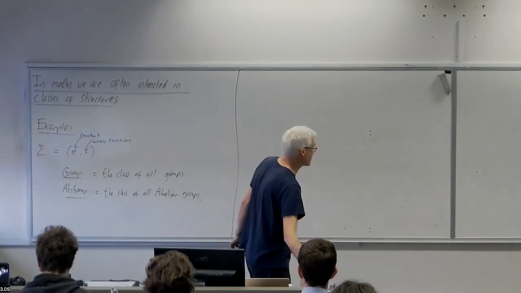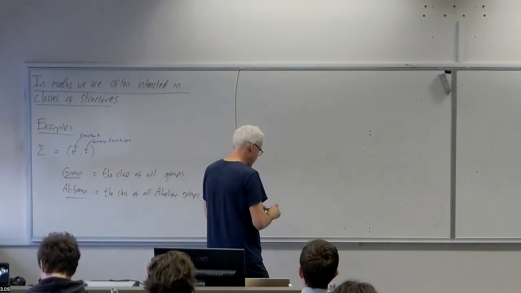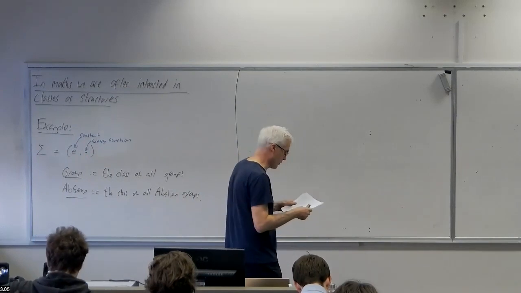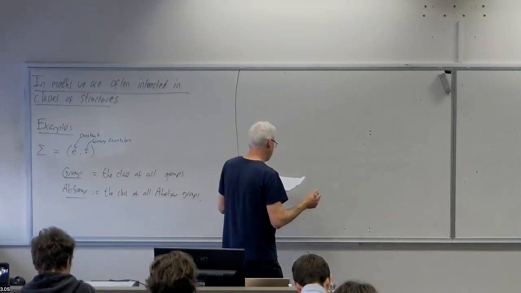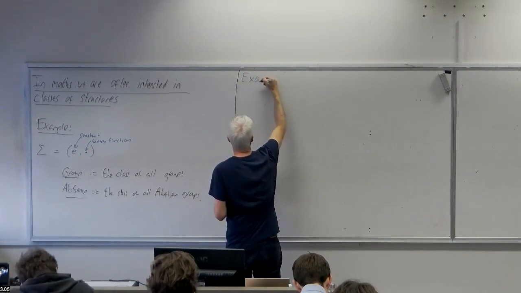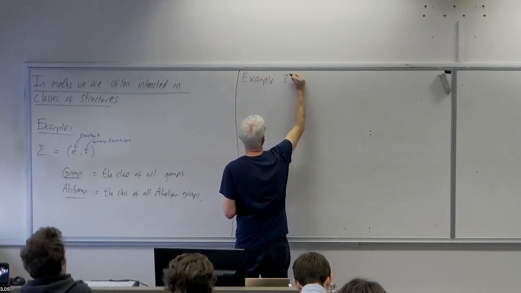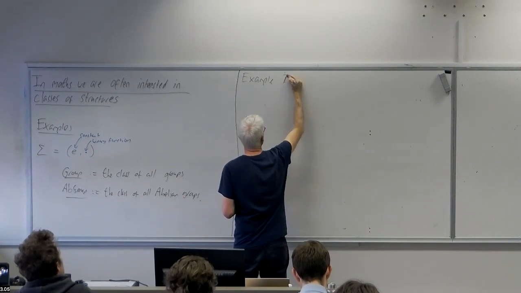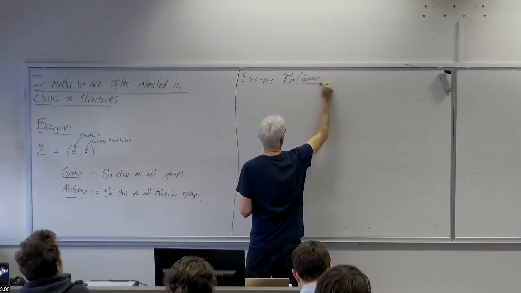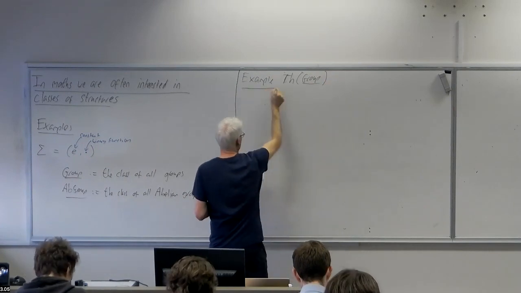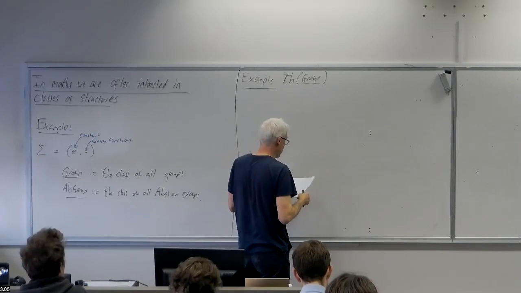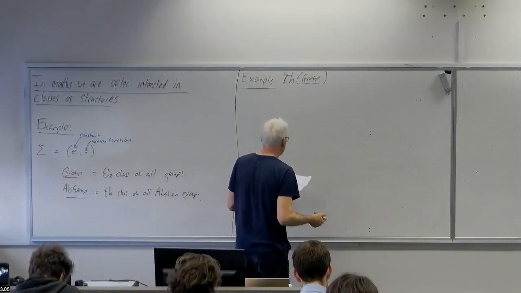So that's why I left the signature for groups and the definition of the collection of groups on the board. So we're going to have an example now. The theory, that's with a capital T, of those sentences that are valid in the class of all groups.